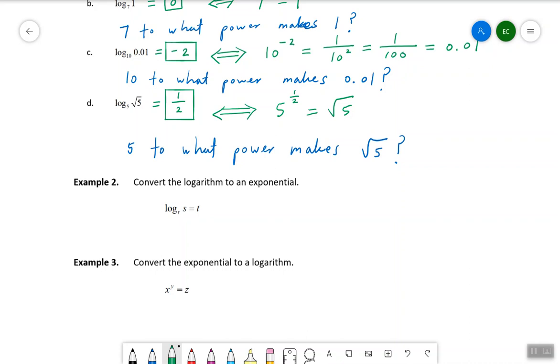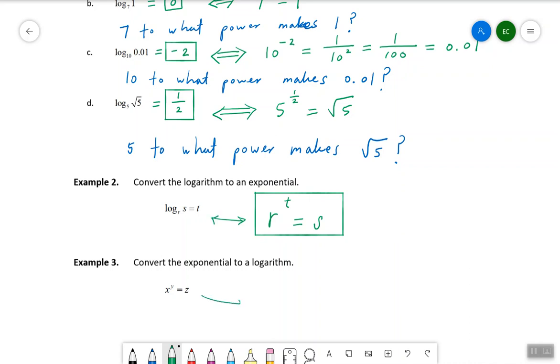R is the base of the logarithm, so r is the base of the exponential. And then t is the exponent. R to the t gives us the argument s. S is called the argument of the logarithm, and r is called the base of the logarithm. So there's our equivalent form.